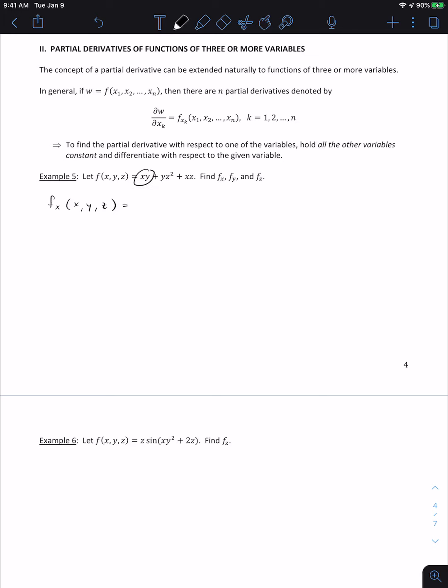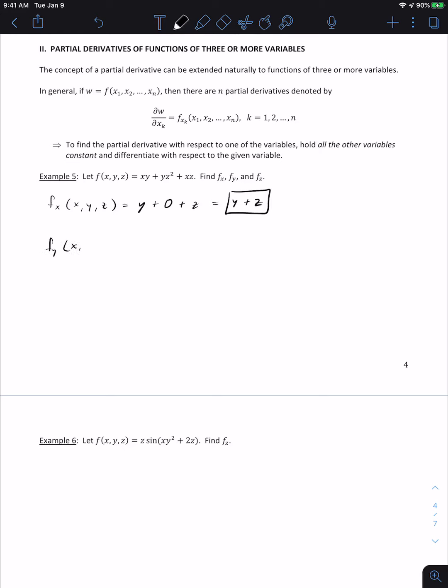If I pretend that y is a constant and take the derivative with respect to x, I would just get y here. Then the next term with respect to x has no x's in it, so it's just a constant, so I would get a 0. And then the third term with respect to x, z would just be left there. So my partial derivative with respect to x is just y plus z.